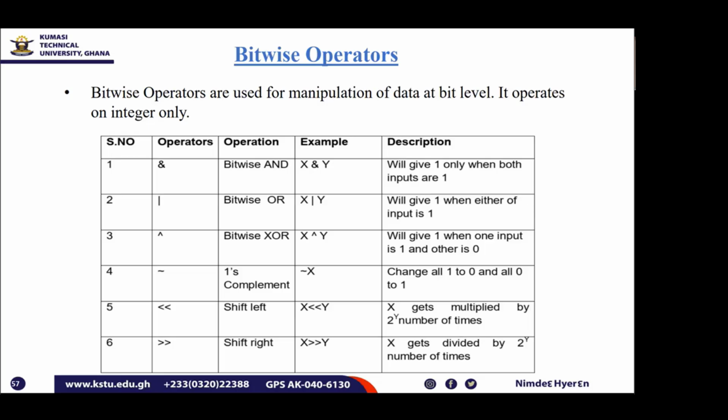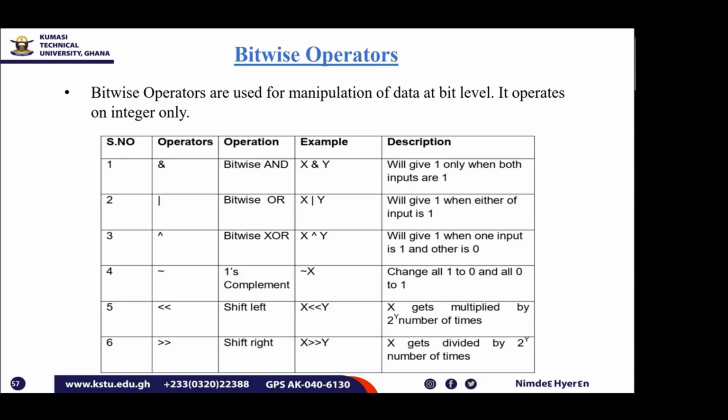So you do something we call binary addition, binary multiplication. That is for binary arithmetic. Then you do logical operations where you have AND, OR, XOR, NOT. You have the ones complement. Based on certain conditions, you would be doing shifting of bits, either shifting to the right or shifting to the left.